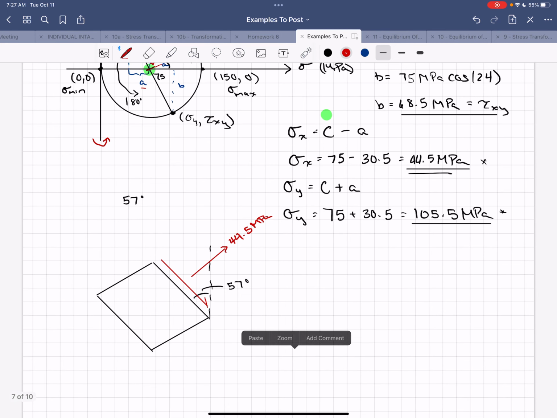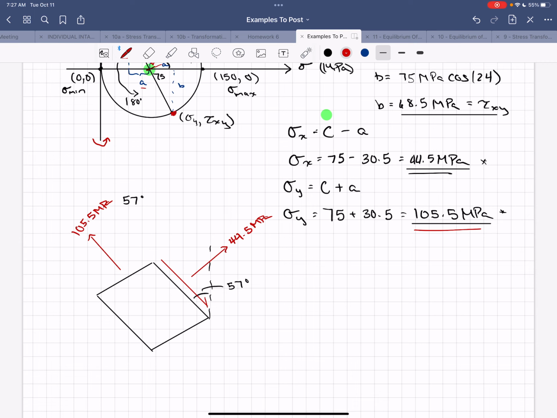Then we look at our sigma y point. That was 105.5 megapascals, also positive. So that's coming out here, 105.5 megapascals.